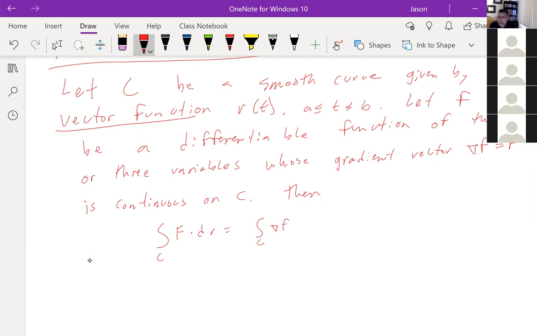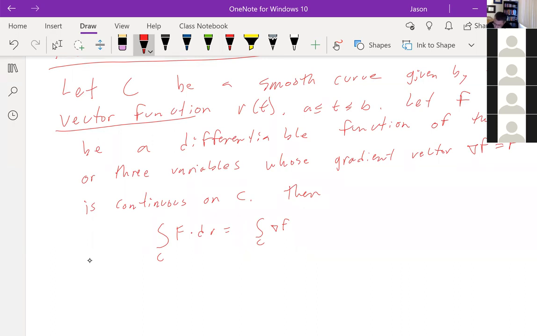So we're saying that there exists a function lowercase f such that if I take the gradient of that, that is my vector function capital F.